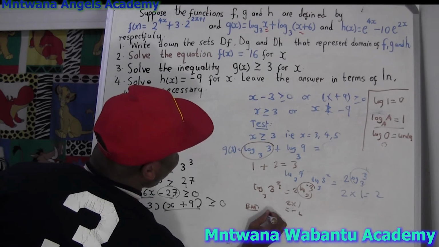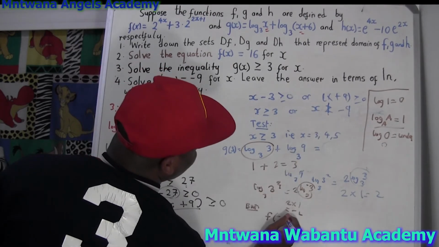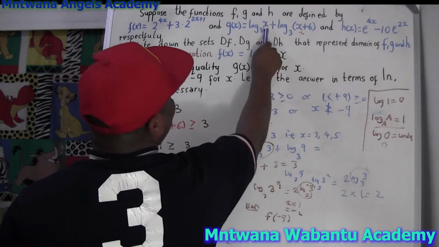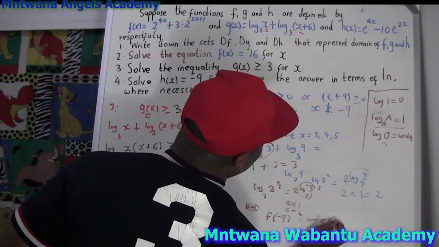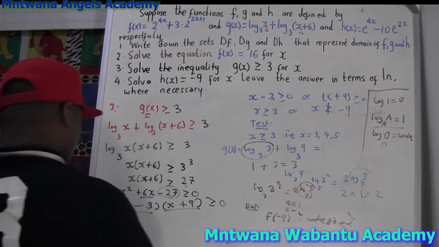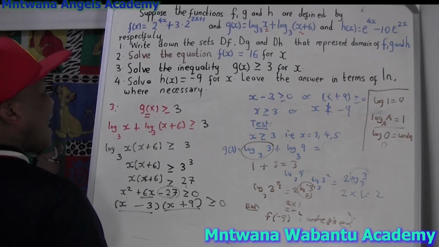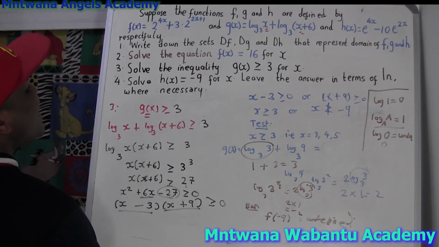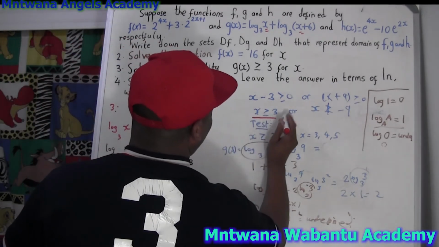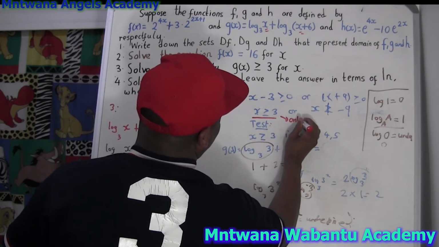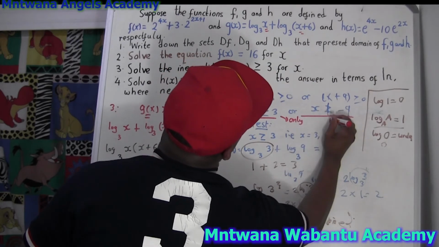For f of x equal to -9, you put -9 here, which is undefined. So for that case, this is not defined.